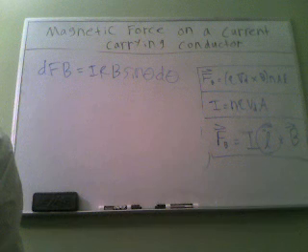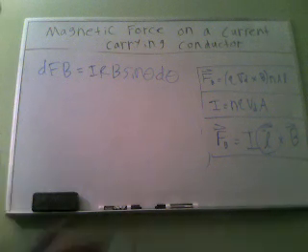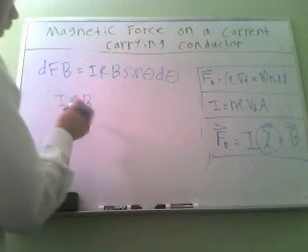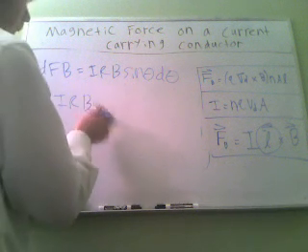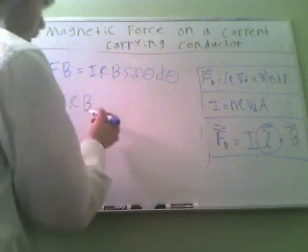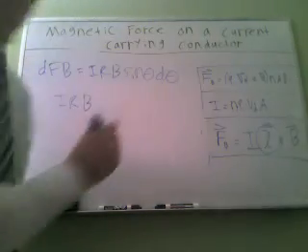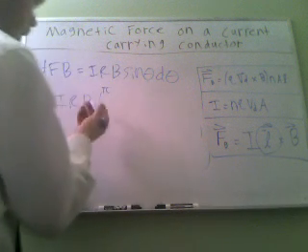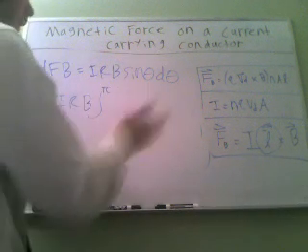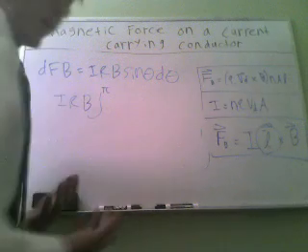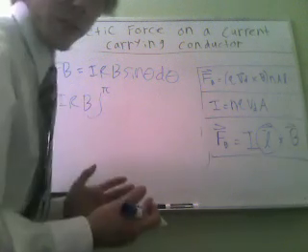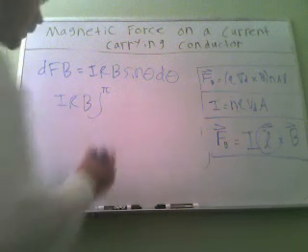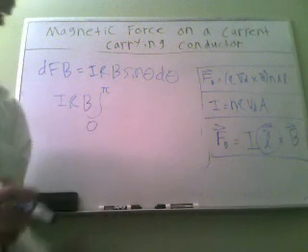In integrating this, you get I R B, and remember that R is radius, B is magnetic field, I is current, and those are constants because they don't change in the problem. The current, we were given I, we were given R, the size of the wire doesn't change, the magnetic field doesn't change, and the current doesn't change. None of that changes. That's why they're pulled out.